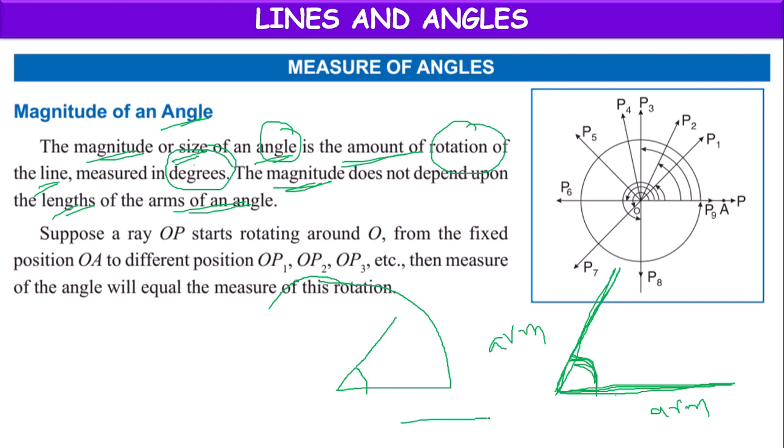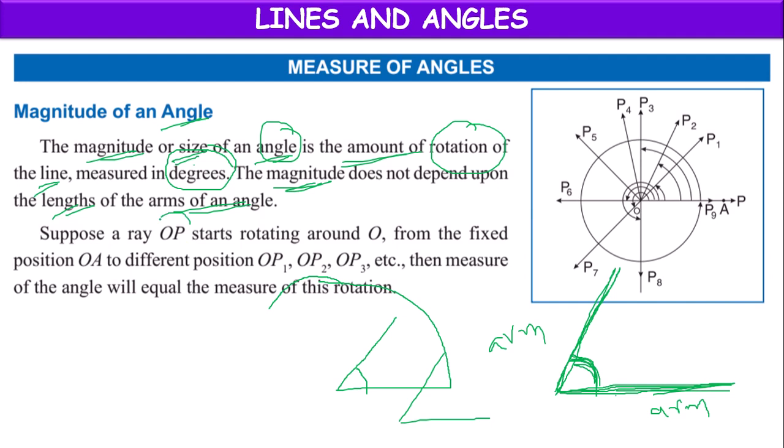This arm may be small, this arm may be longer, it doesn't matter. It depends only on how much rotation this arm has made. Only on that concept the measurement of angle will depend.